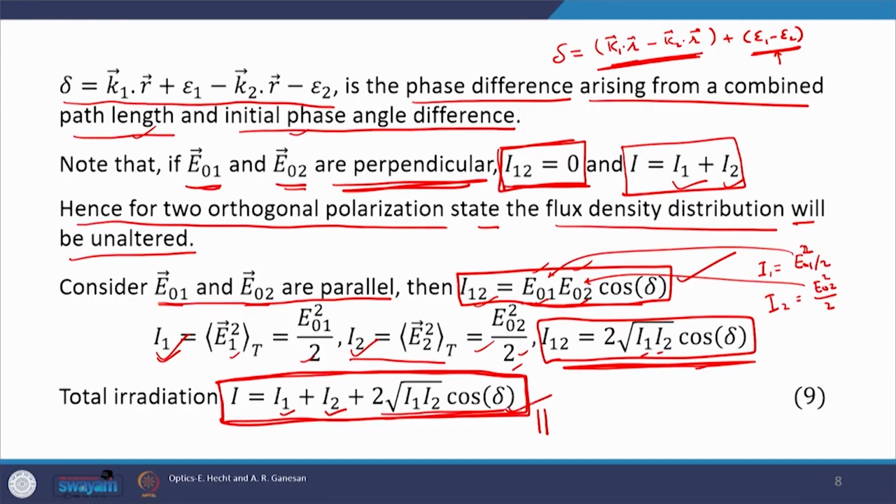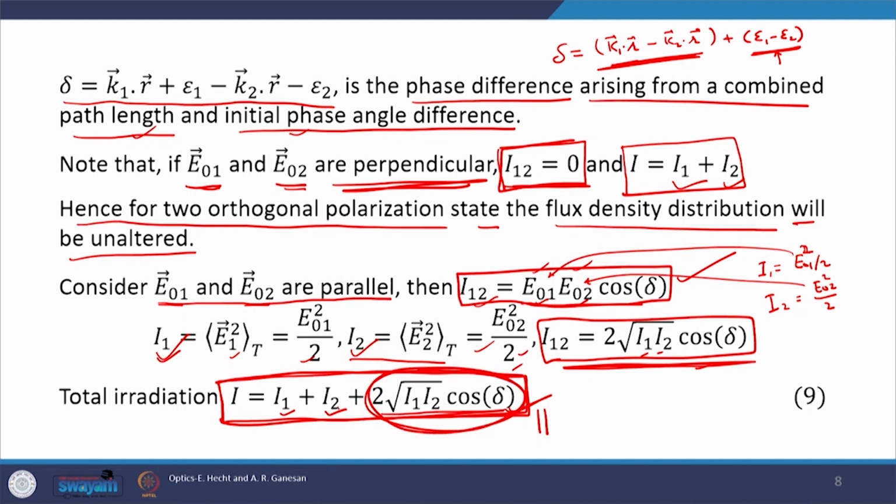Sinusoidal variation means there would be a background intensity and this intensity would be modulated by a cos function. It means at some places on the screen we will have maxima, at some places we will have minima. And this would be a periodic variation in the intensity, and this is ensured by the interference term, the third term appearing here in equation number 9.